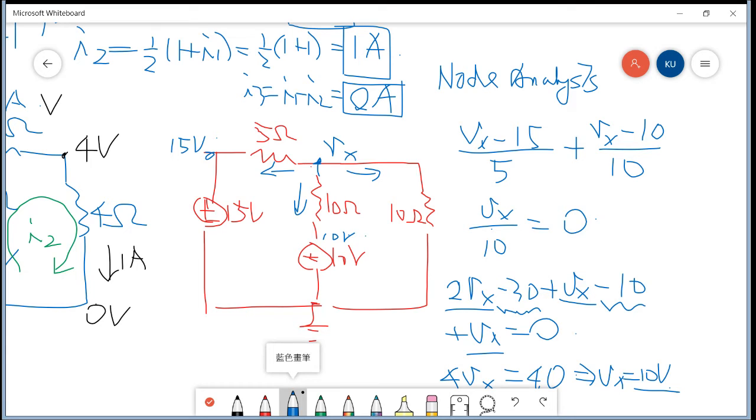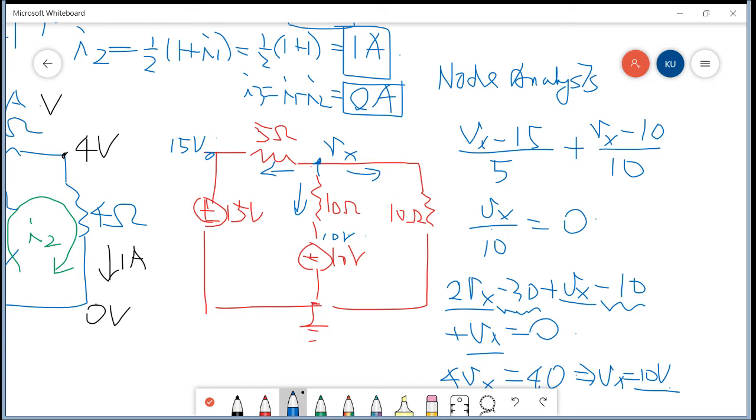It depends on the circuit itself. You cannot tell whether node analysis or mesh analysis is better for the general case. You can only tell case by case.